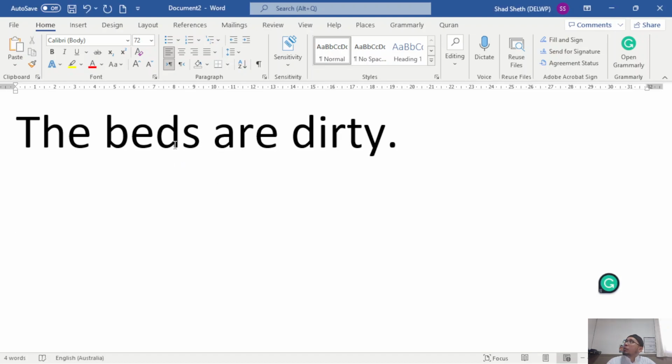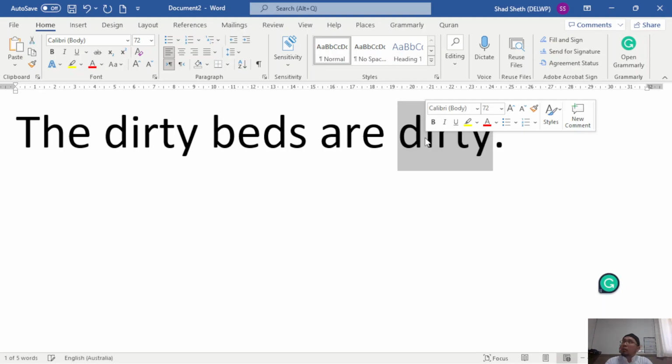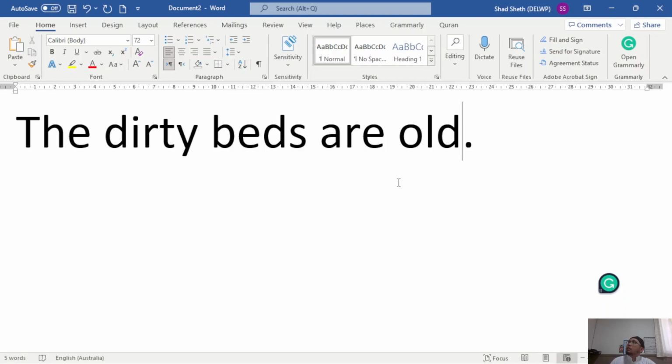Let's do slightly harder. This one. The dirty beds are old. What is the mubtada? Beds are still the mubtada. Khabar. What other fragments are there? Just one other fragment: the na'at. Dirty beds.